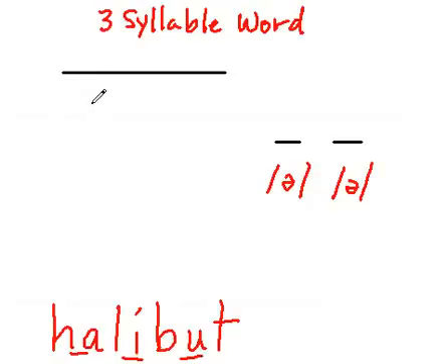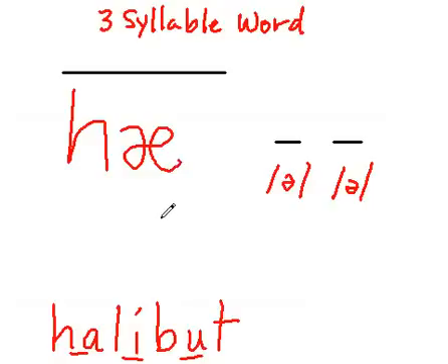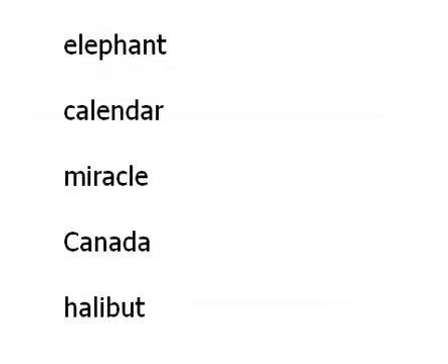We're going to really stick with that strong first syllable and make a nice ah sound. So this is our word. Ha, and down here, very weak, halibut, halibut. That's how it sounds. This is a very typical pattern. Da da da, halibut. Let me show you some other ones.